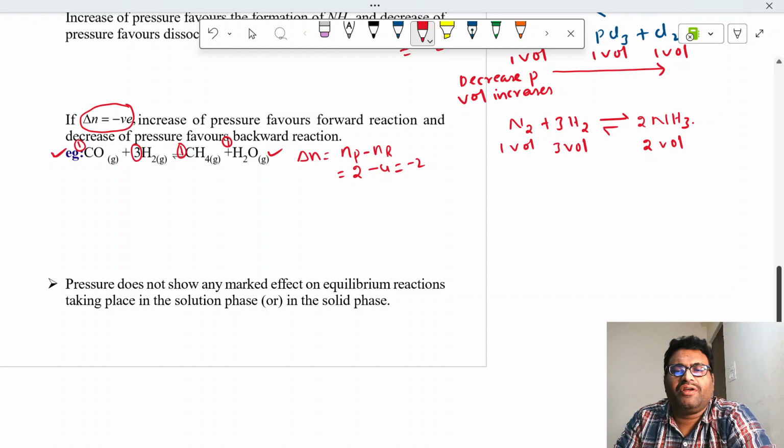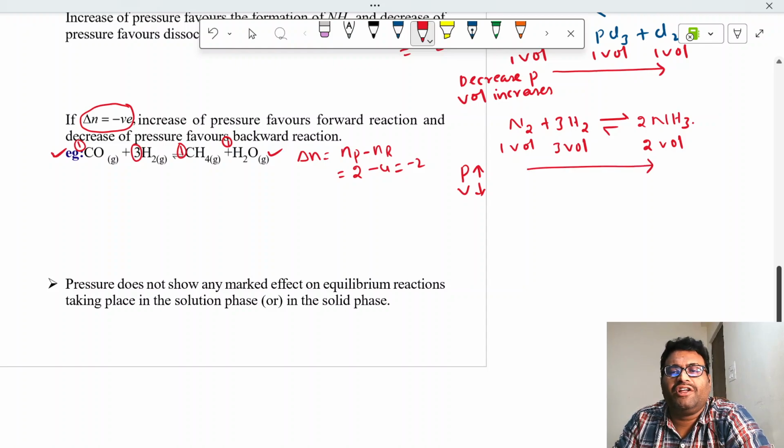Now already we have seen that delta n is negative, 2 minus 4, that is equal to minus 2. Pressure increase, volume decrease. So which side volume is less? Right side volume is less. So automatically the net reaction will be on the less volume side, or equilibrium is shifted to right side.